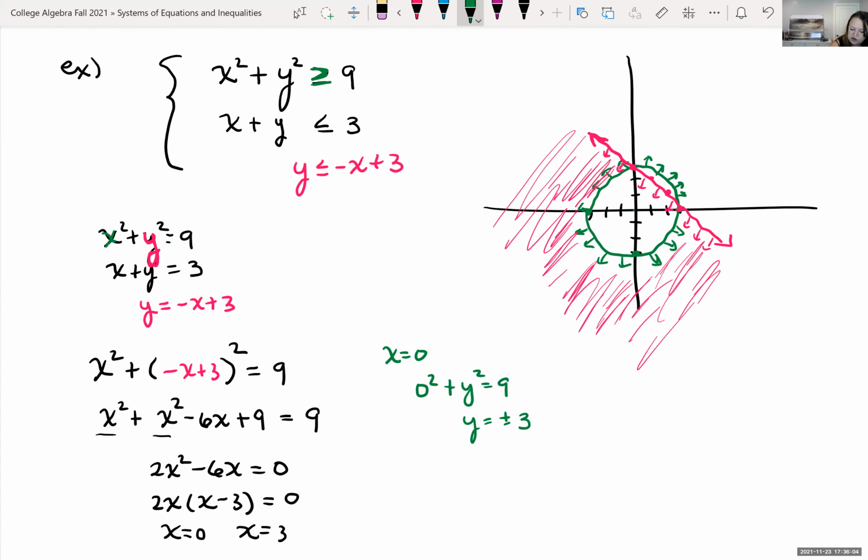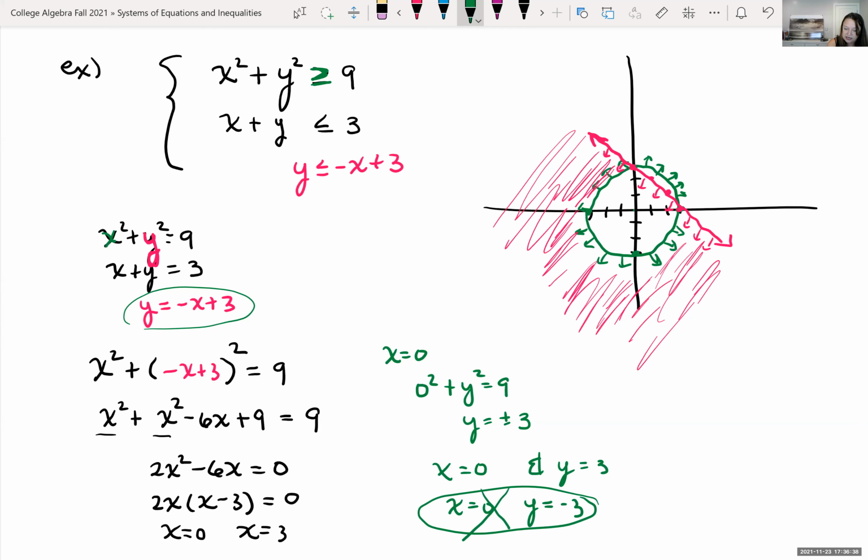But notice there was only one of these solutions. If x equals 0 and y equals 3, we knew that was one of the points, but x equals 0 and y equals -3 is not one of those points. You can try it by plugging those back into the second equation, and that's not going to work. -3 is not equal to 3. And so this solution is extraneous, and we could see that by looking at the graph.